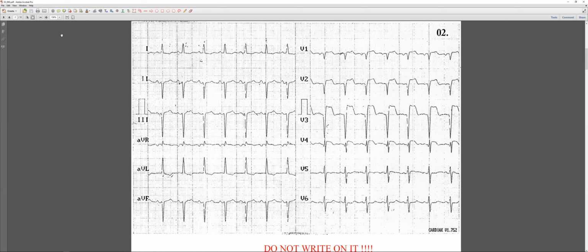In the chest leads, you already listed that there are some pathological Q waves. Seeing the pathological Q waves in V2 and V3, we can see that it's anteroseptal. Which phase? We can say that it's still subacute because of the negative T wave.